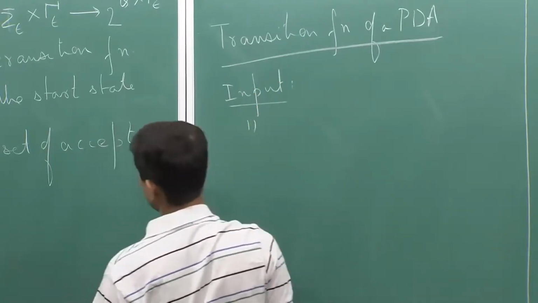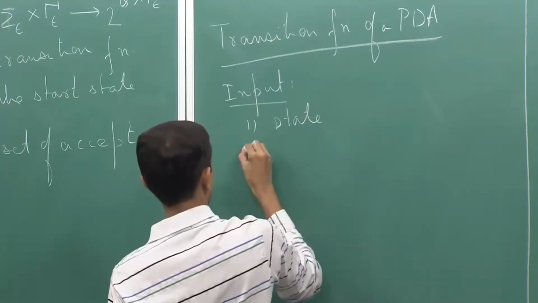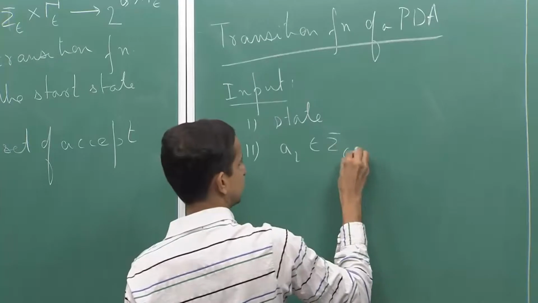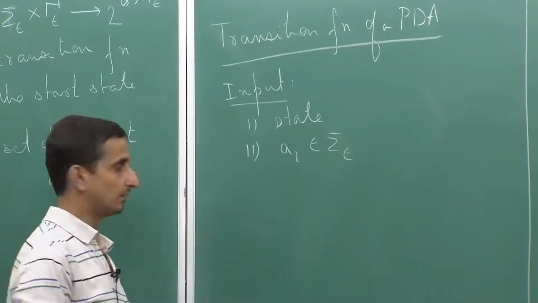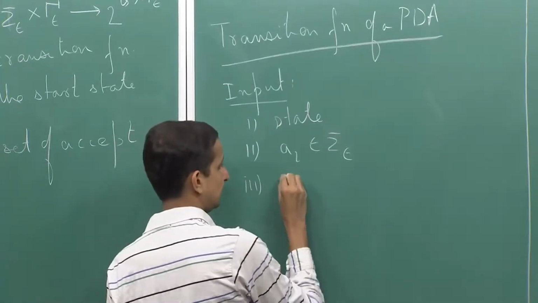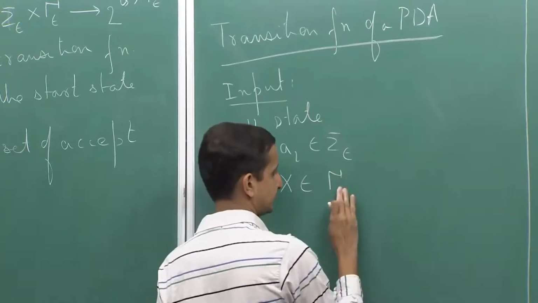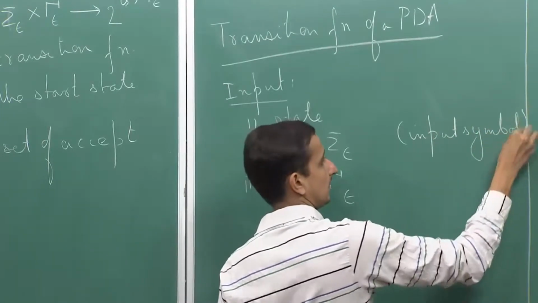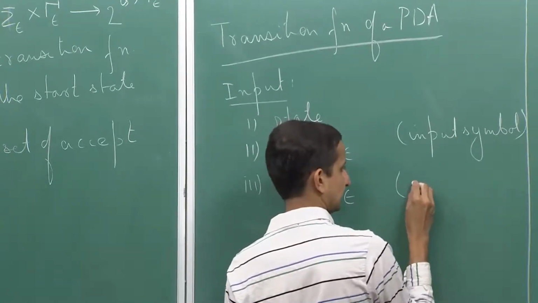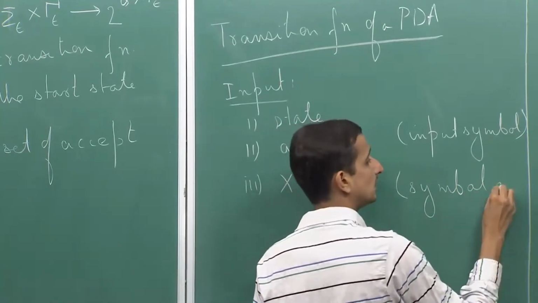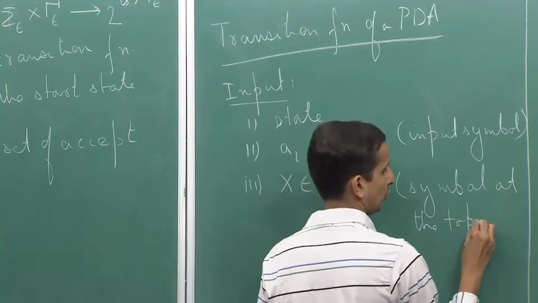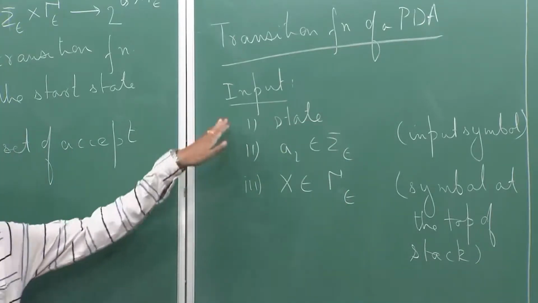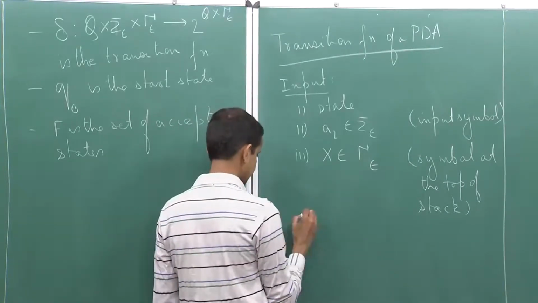Firstly it takes a state as input, it takes a symbol ai in sigma epsilon as an input, which is the input symbol, and it is reading a symbol x in gamma epsilon, which is the symbol at the top of the stack.